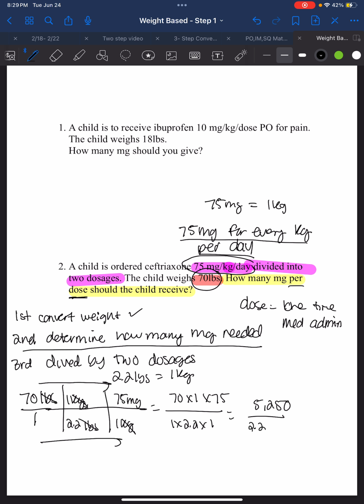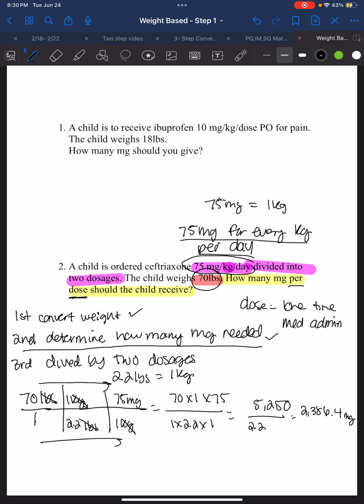And we know this is a division problem. So 5,250 divided by 2.2 equals 2,386.4. So we did our second step. This is how many milligrams the patient will need.